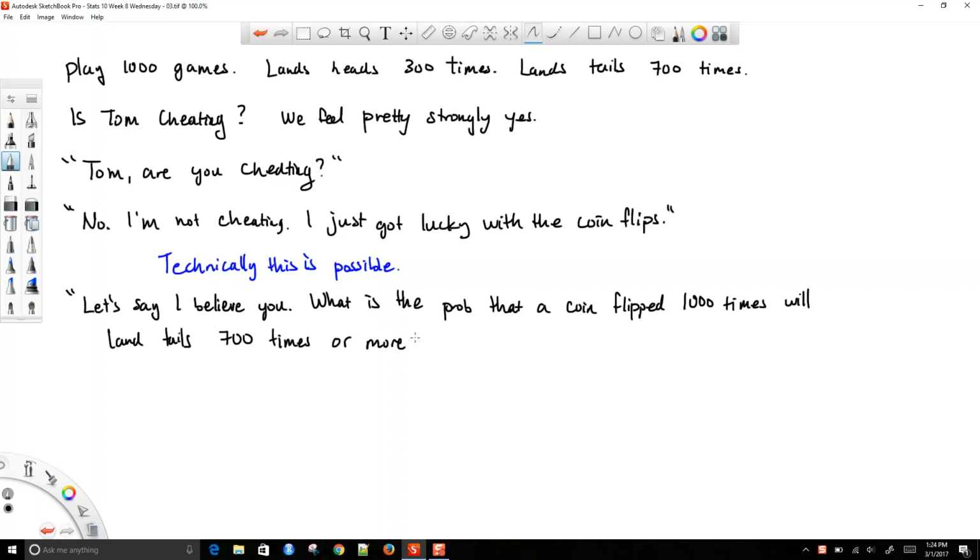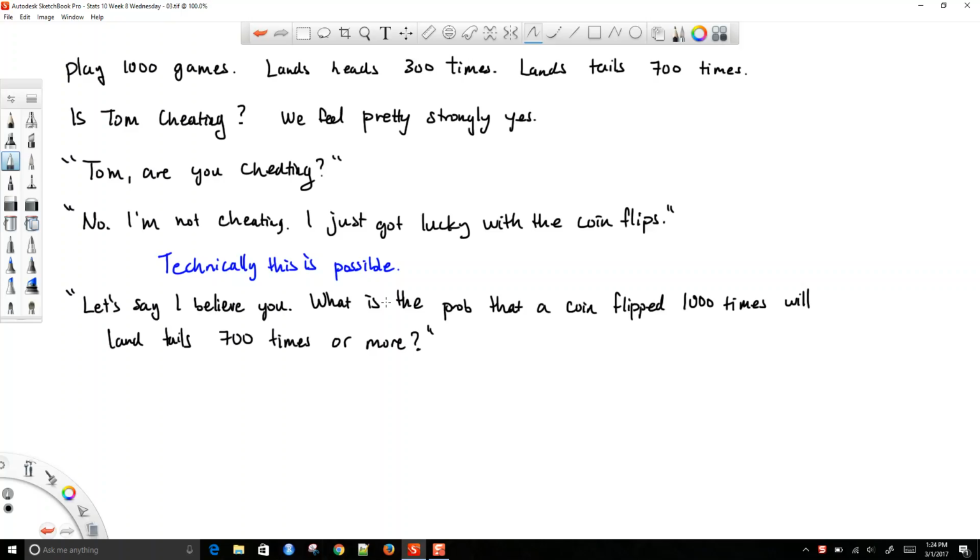The reason why we would say "or more" is because if we accuse Tom of cheating when he got 700 tails, we would also accuse him of cheating if he got 701 tails or 702 tails or anything more than 700 tails, right? So we're going to include all of those things wrapped up in here. So we're going to ask, what's the probability that a fair coin flipped 1,000 times will land tails 700 times or more?